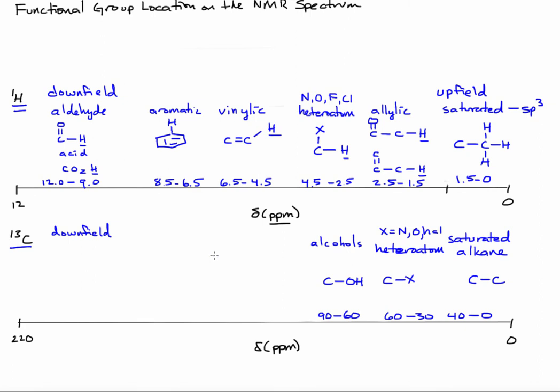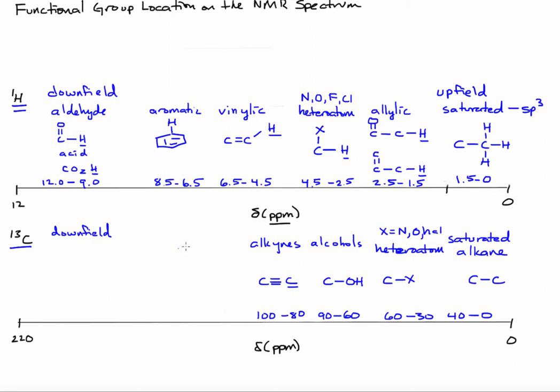Moving further downfield, we hit the alkynes. These are the sp hybridized carbon. So these occur between 100 and 80 parts per million.